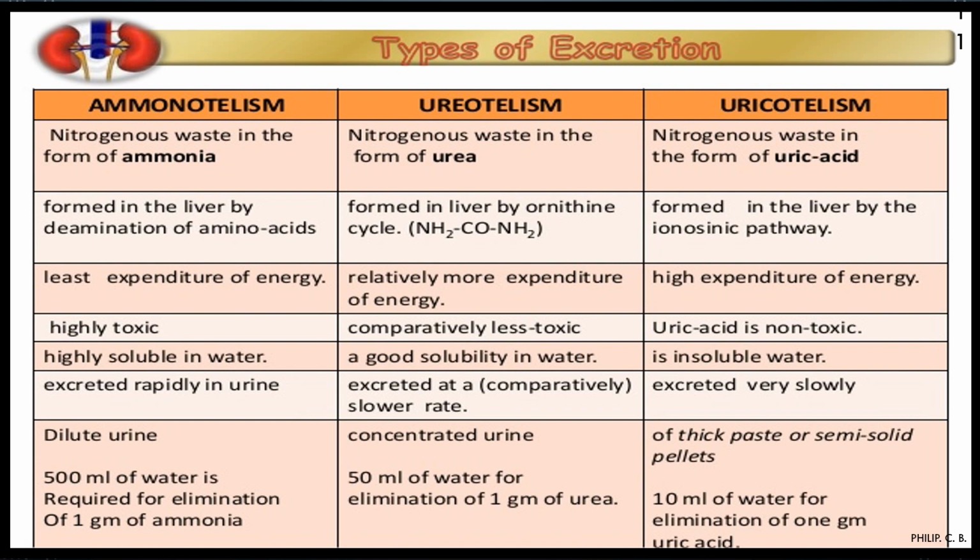Excreted rapidly in urine, excreted at a slower rate, excreted very slowly. Dilute urine, concentrated urine, thick paste or semi-solid pellets. And last point, 500 ml of water required for elimination of 1 gram of ammonia, 50 ml required for elimination of 1 gram of urea, and 10 ml of water required for elimination of 1 gram of uric acid.